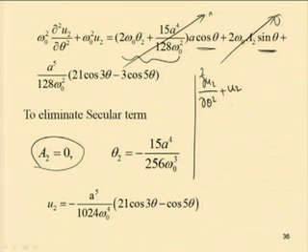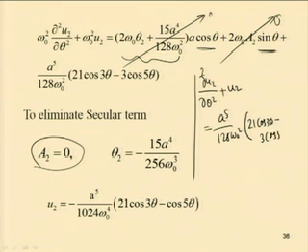So, we can write this as equal to a to the power 5 by 128 omega 0 square into 21 cos 3 theta minus 3 cos 5 theta.